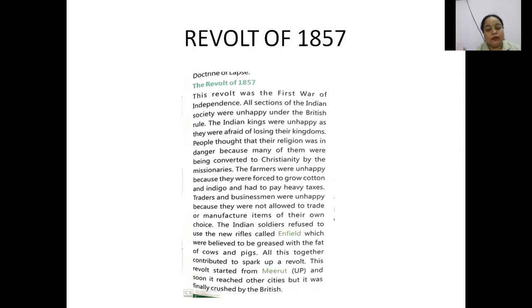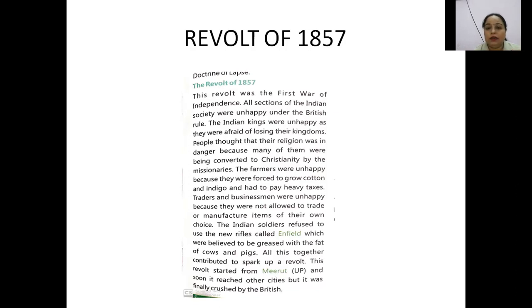So the Indian soldiers refused to use a new rifle called the Enfield rifle, which was believed to be greased with the fat of cow and pig. Children, now what happened in 1857? Please understand this. In 1857, there was one new gun or rifle.